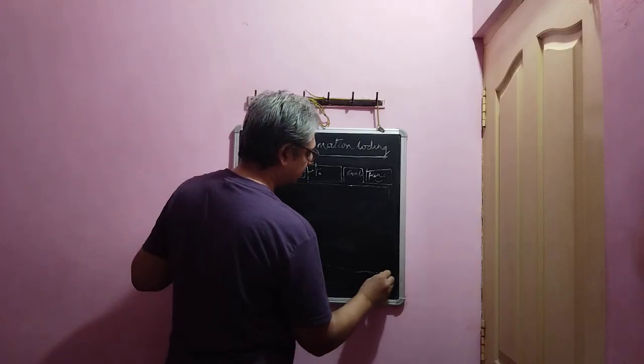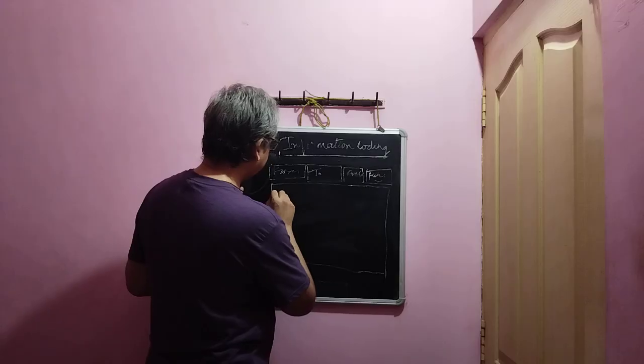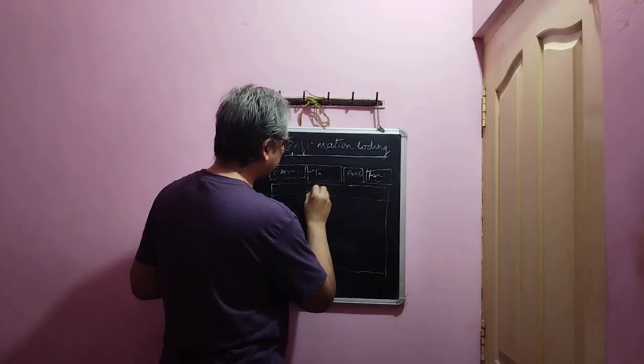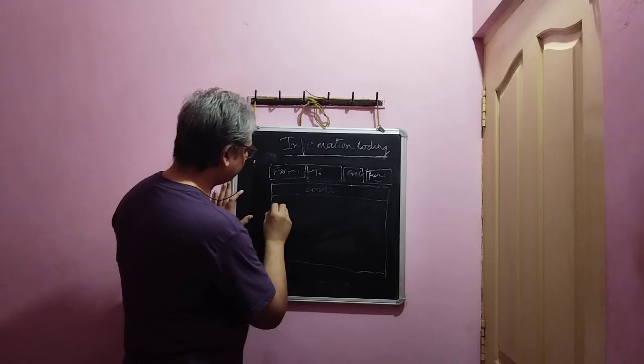Then you have code 1, and the data will consist of two parts.